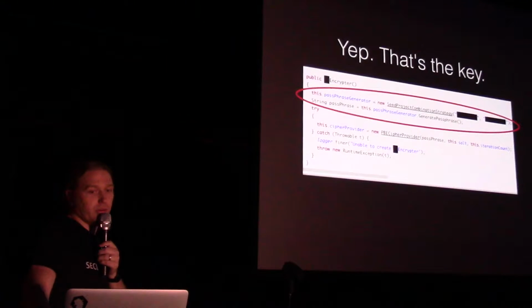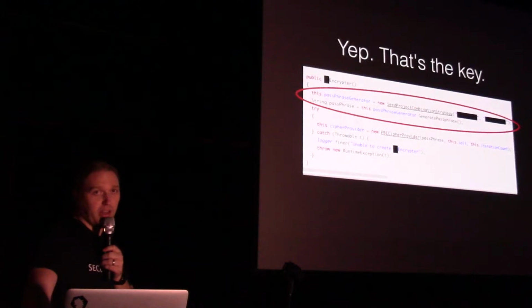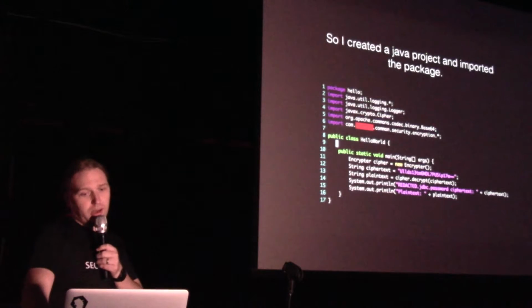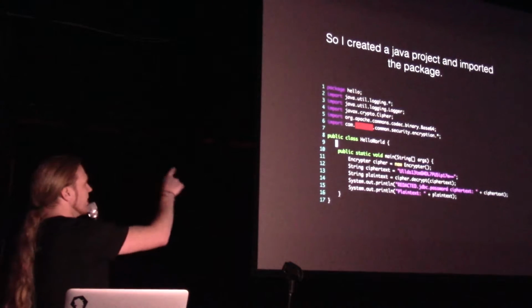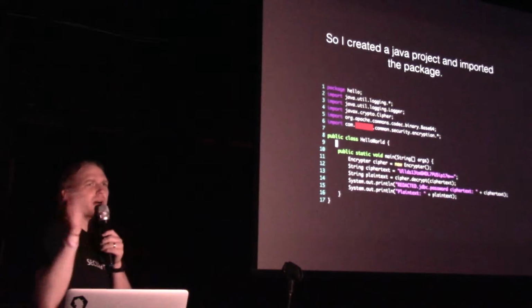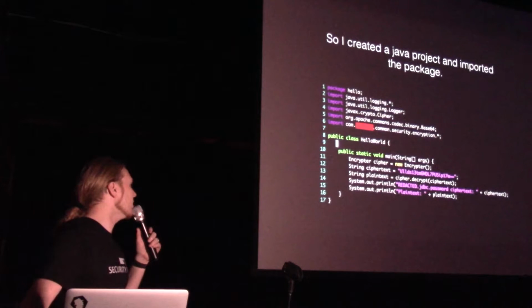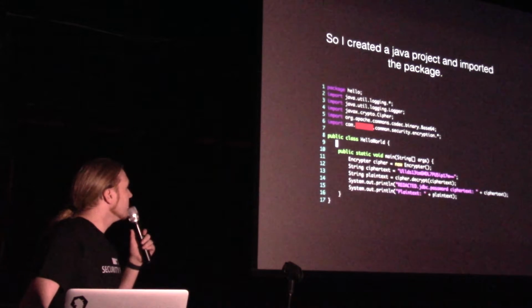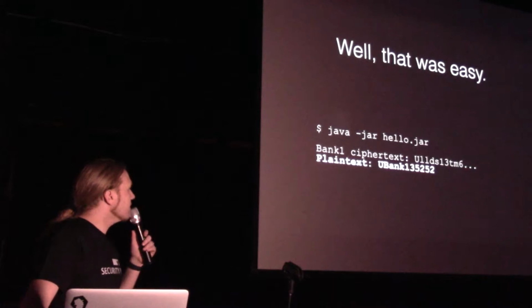So I could, if you look a little closer, yep, there's the key. You need that to decrypt the data. So this is it, 17 lines of code that I wrote and used, and then a POM file to compile the project so that it could make those calls, and there you go.